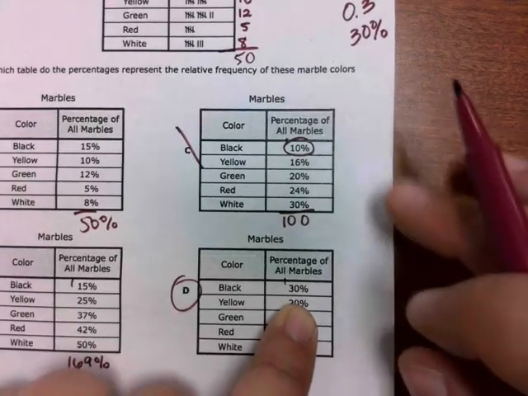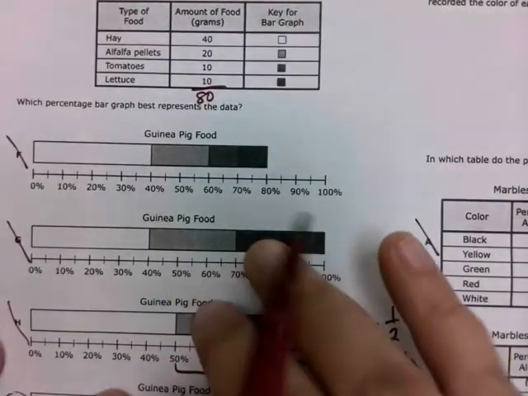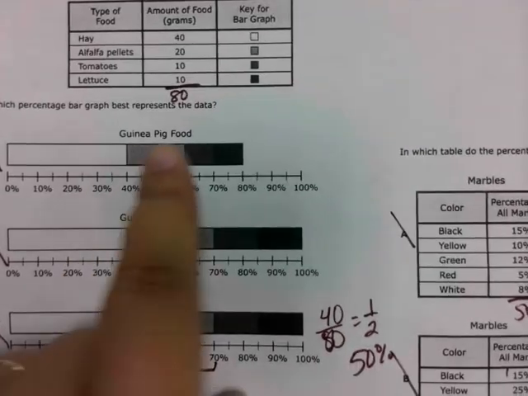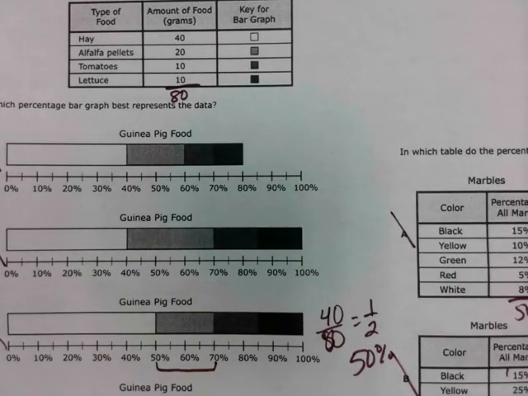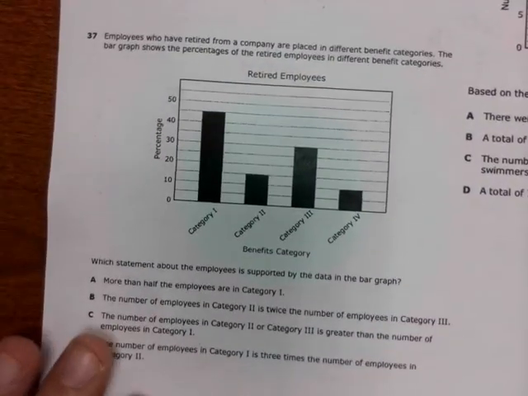So that is the correct answer, D. So a lot of times I've noticed on these questions, you can eliminate things, 1, by not equaling 100, and 2, by just using some common sense. If this is the biggest number, then that percent has to be the biggest. If this is the smallest number, then that percentage has to be the smallest. So just use a little bit of reasoning when it comes to some of those questions.